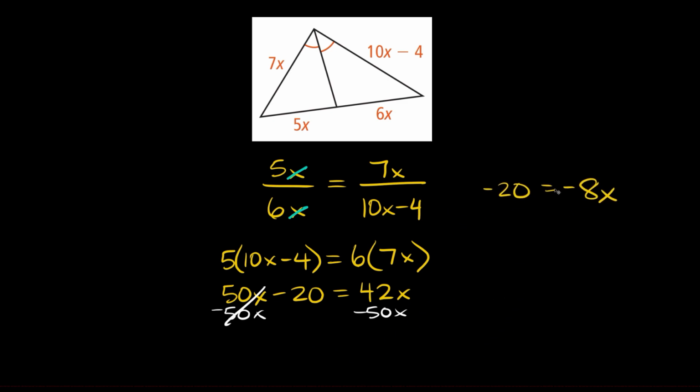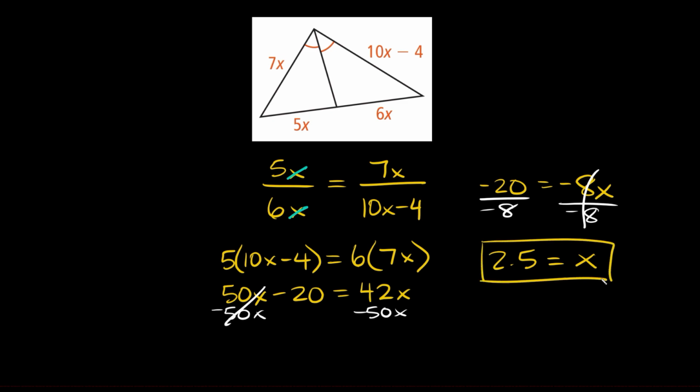Let's move this up just to have a little extra room here. Now to solve for x, we can just divide both sides by negative 8. Those cancel out. Negative 20 divided by negative 8 is equal to positive 2.5, and that's equal to simply x. So that's your final answer right there.